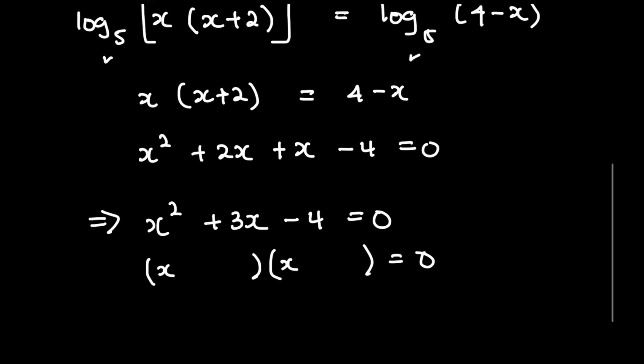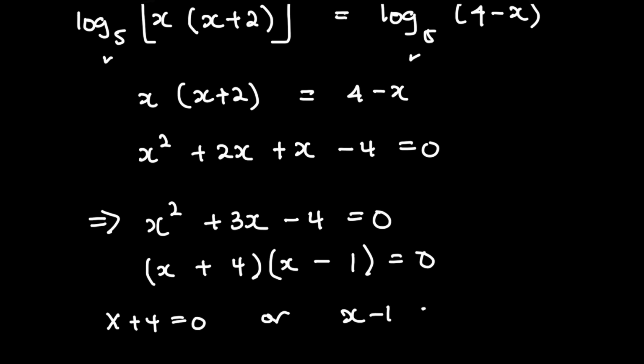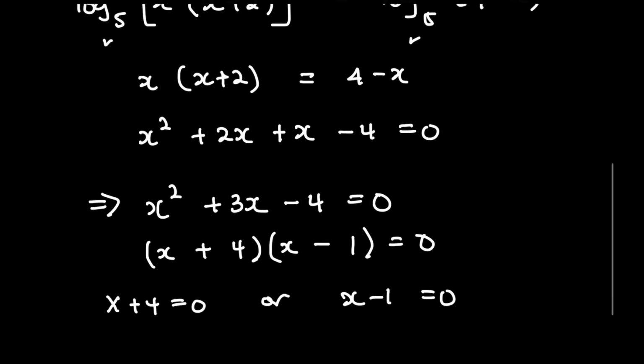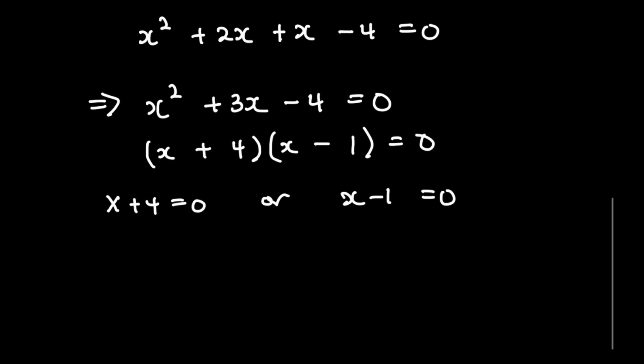Obviously, that is going to be 4 and 1. You're going to have a positive here and a minus here. So we solve for x. This means x plus 4 equals 0, or x minus 1 equals 0. Then x equals minus 4, or x equals 1.